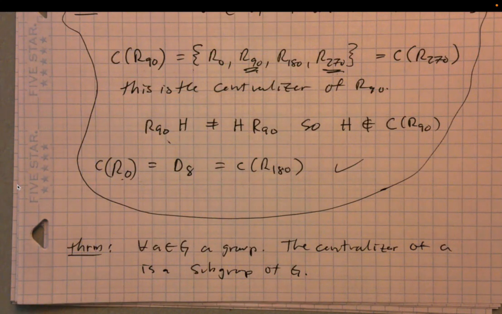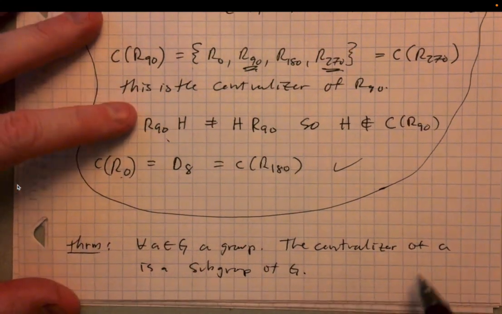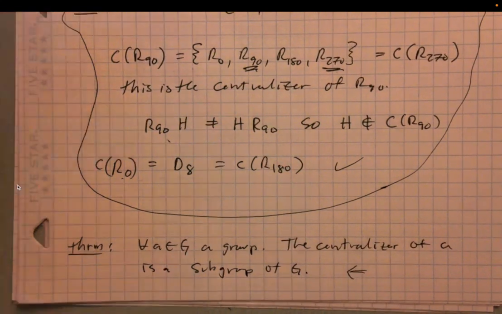This is one I think you could prove. I would probably use the one-step test on this. That's where I'd start. I haven't done a proof for this one, but this is one you could do.